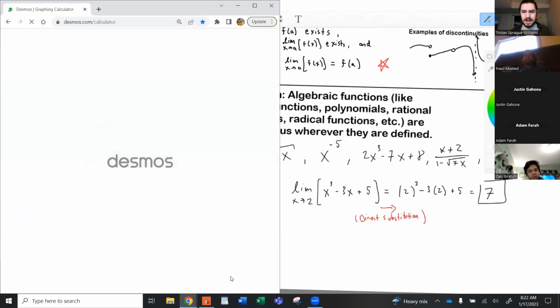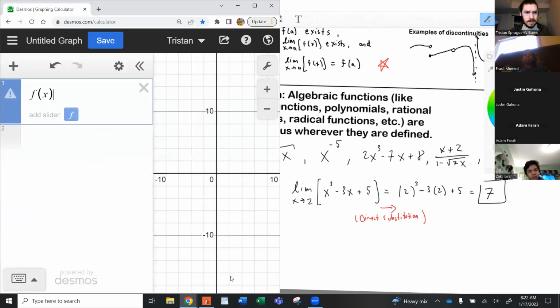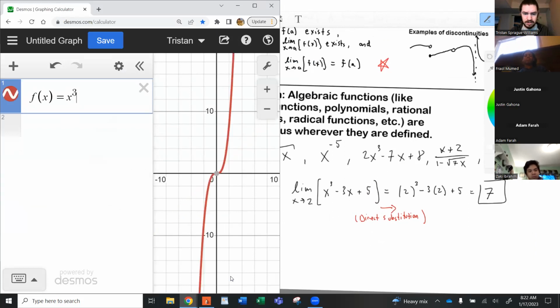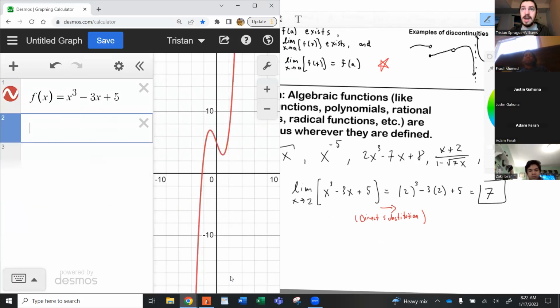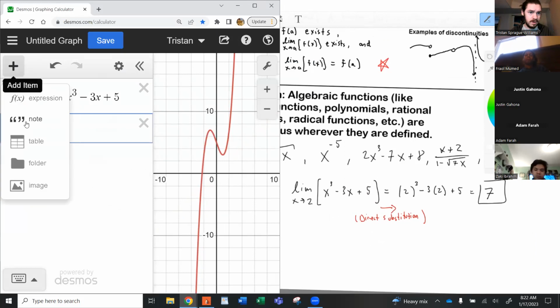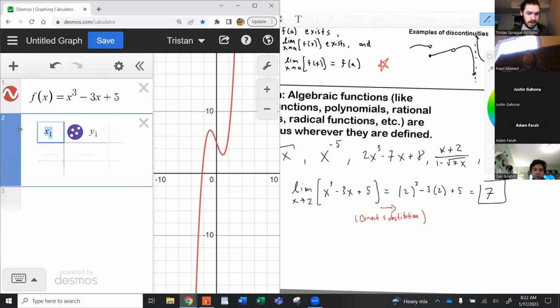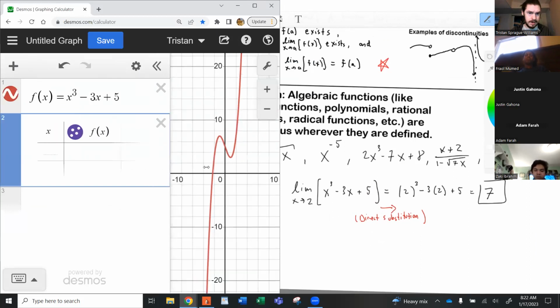So here I've got my Desmos up as well. I'm going to type in the exact function that I wrote down there, x cubed minus 3x plus 5. There's the function, right? And now we can do a little table of values here if we want to. Let's just call that x and f of x. All right.